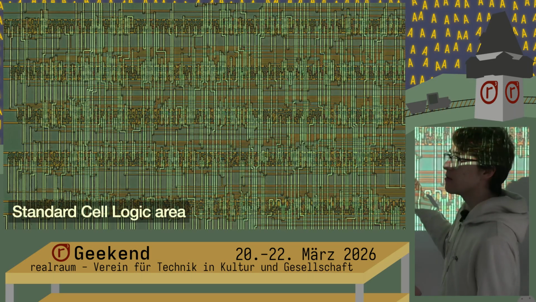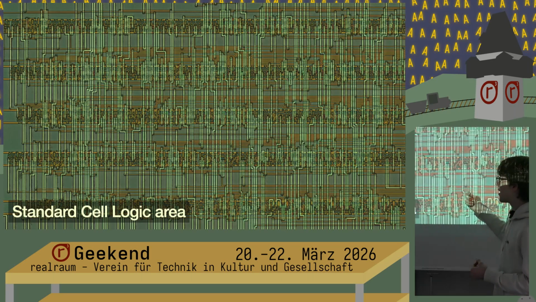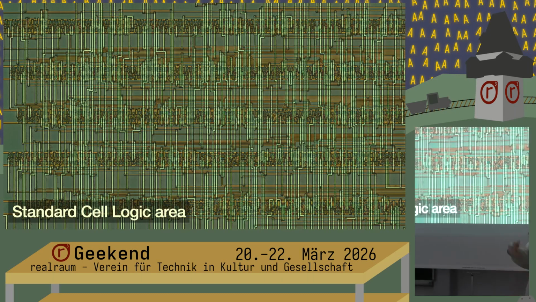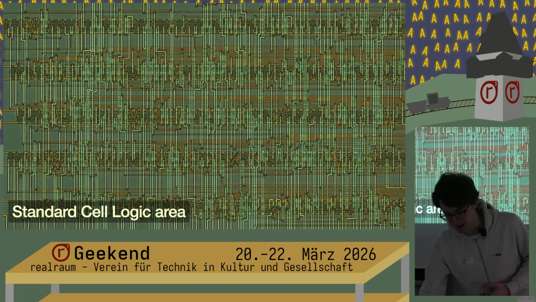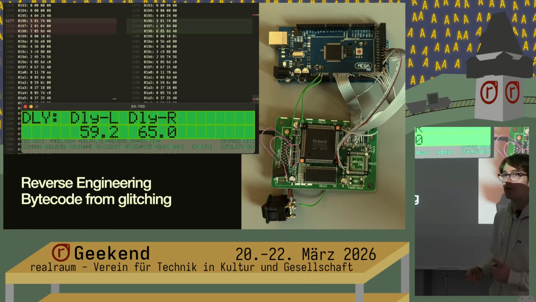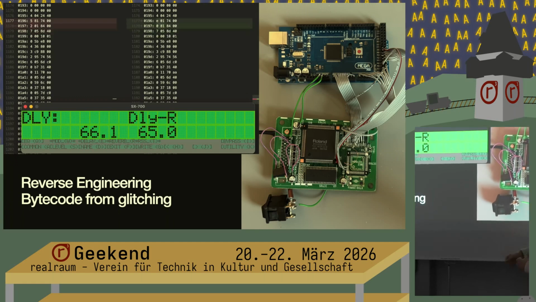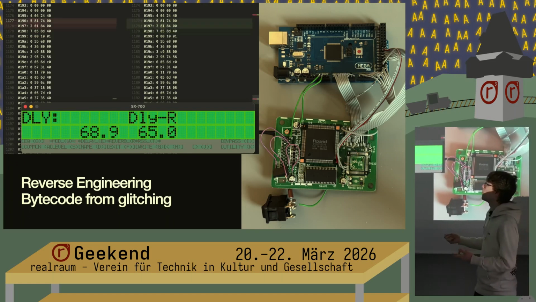Ideally, we would have been able to just trace all of those wires and figure out precisely how the chip works. We partially did that, but we also did a lot of reverse engineering of the bytecode by glitching it, injecting programs and validating hypotheses. If this thing just runs programs, it means we can send some programs, see the results, and start figuring out the bytecode that way.